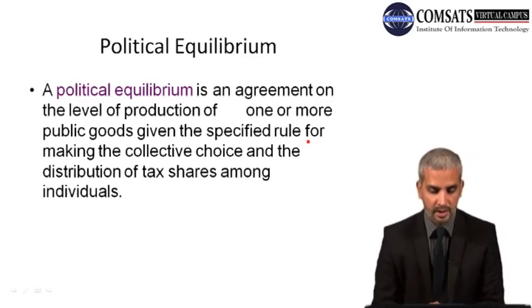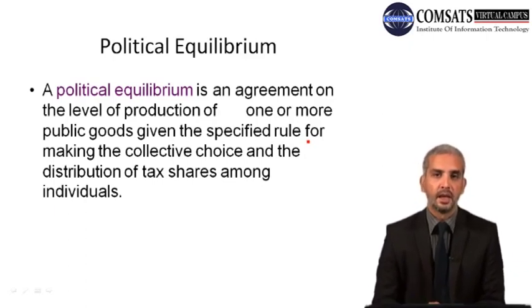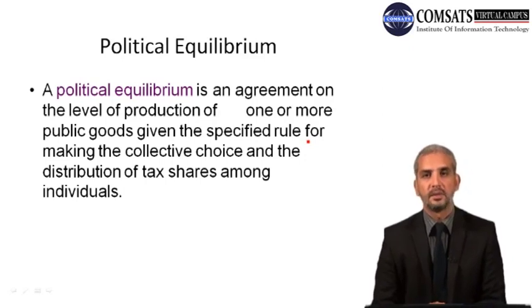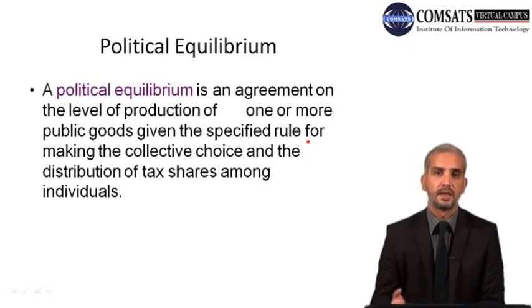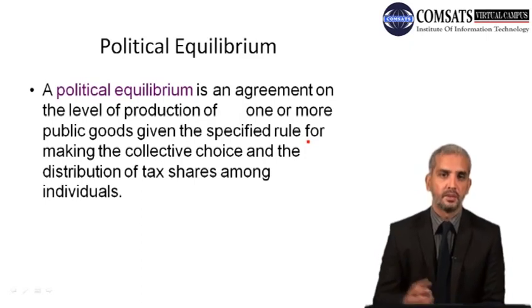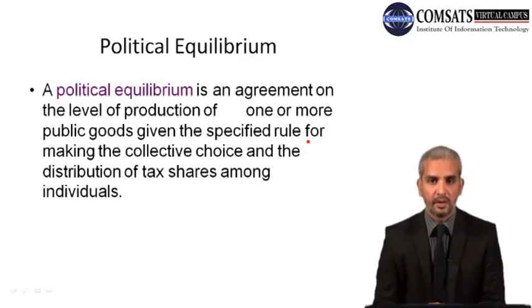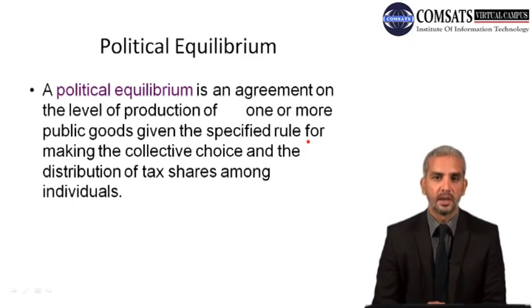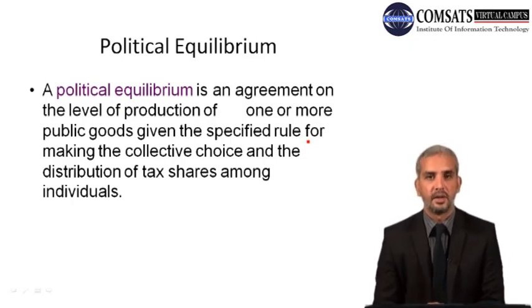Then we termed this a political externality, and we explained that if the rule for public choice is a unanimous decision, then political externality would be zero, because everyone would agree and only that outcome on which there is agreement by everyone would be accepted.